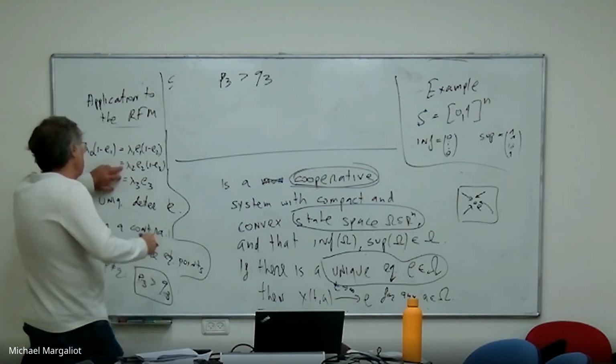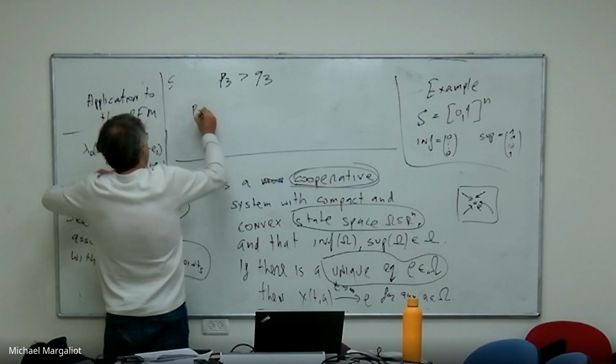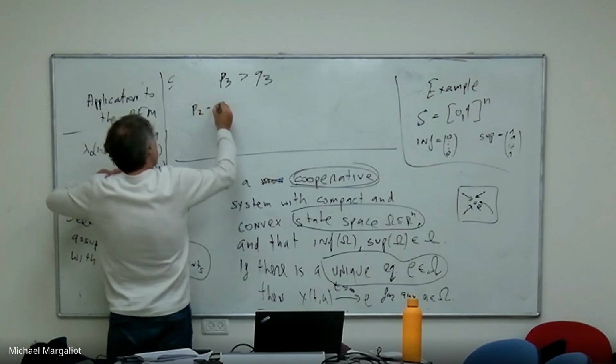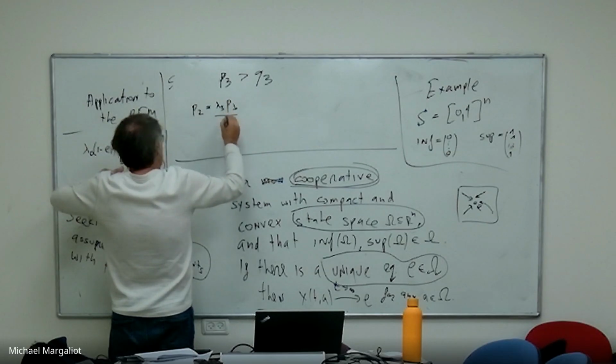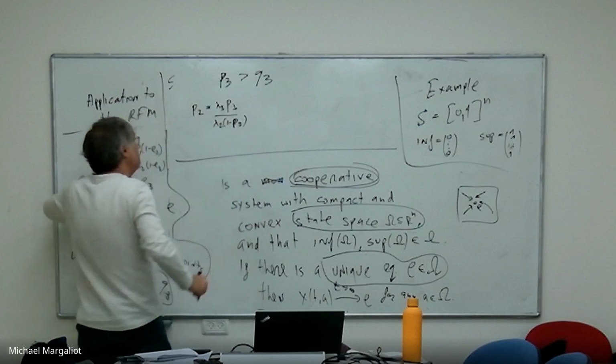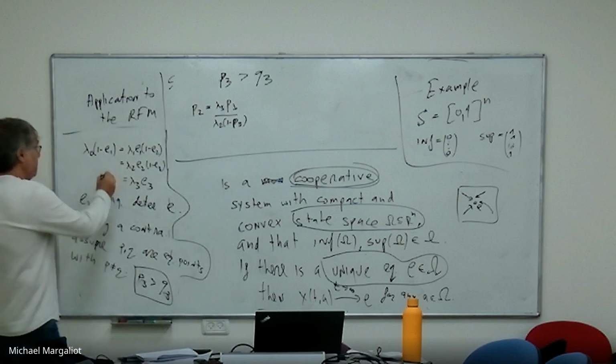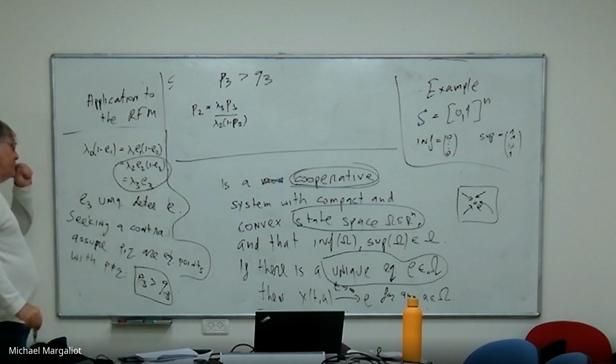Now, from this equation, we got that P2 is lambda 3 P3 divided by lambda 2 times (1 minus P3). This is what we got from this equation.